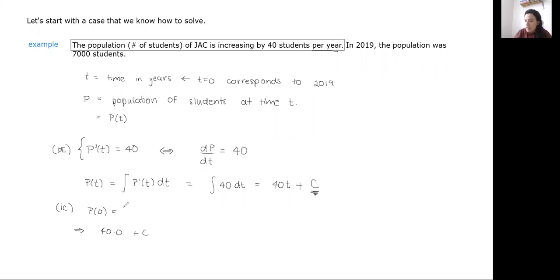My initial condition was that p of 0 was equal to 7,000. And what that means is that 40 times 0 plus c is equal to 7,000, which means that c is equal to 7,000. And so if I want the full expression for p of t, that's going to be 40 times t plus 7,000.